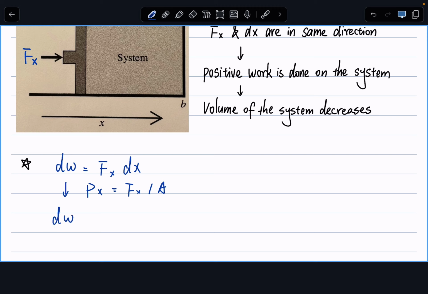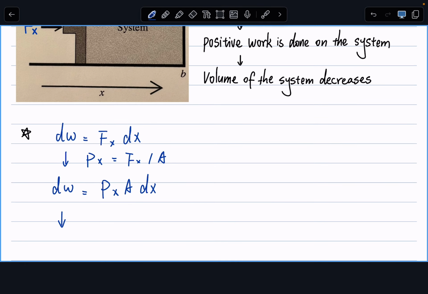And we have dW equals Px A dx. Now, in this one-dimensional system, we have the volume change dV equals negative A dx.